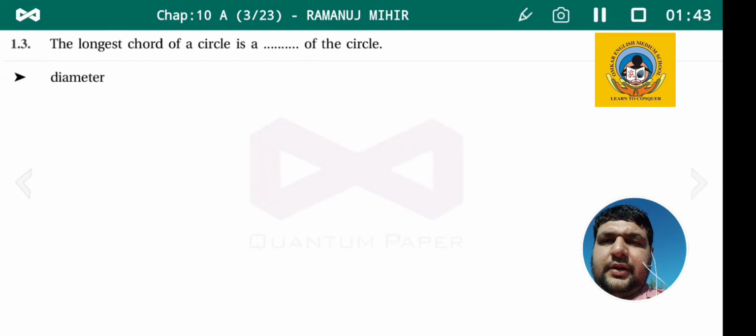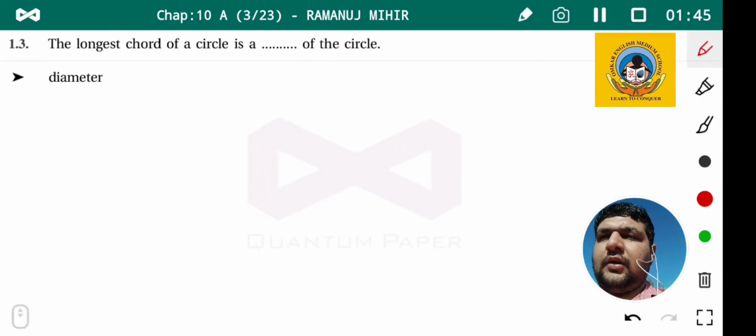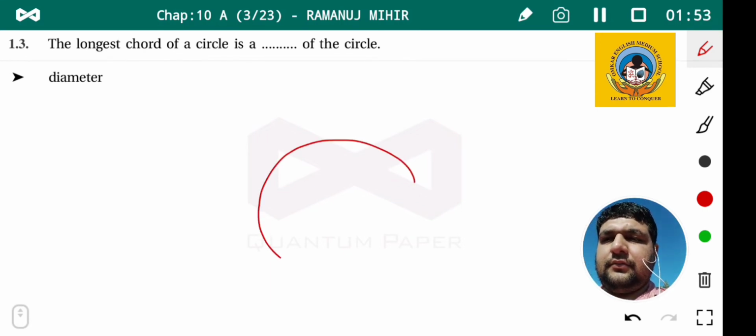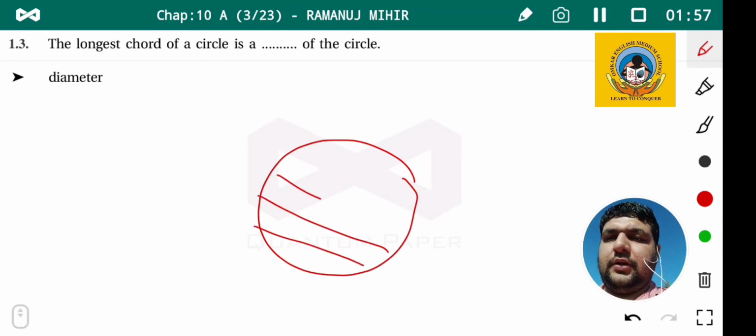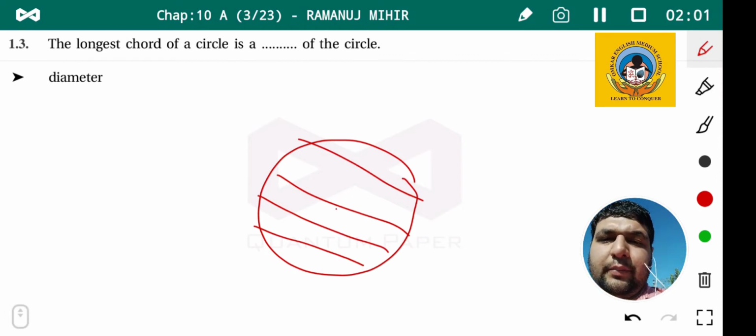Now the next question: the longest chord of the circle is blank of the circle. If you draw chords on the circle, the chord which passes through the center will be the longest chord.